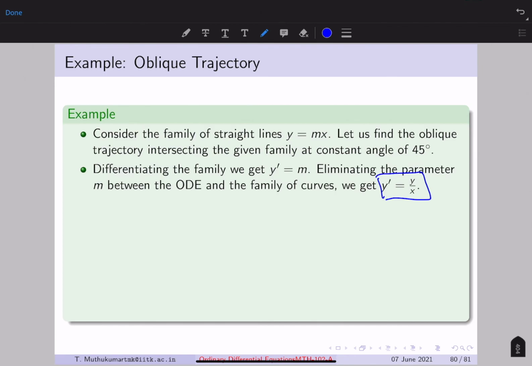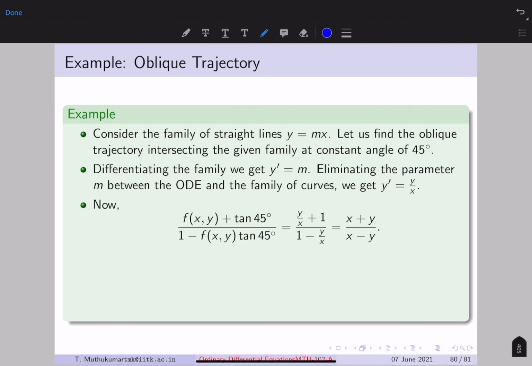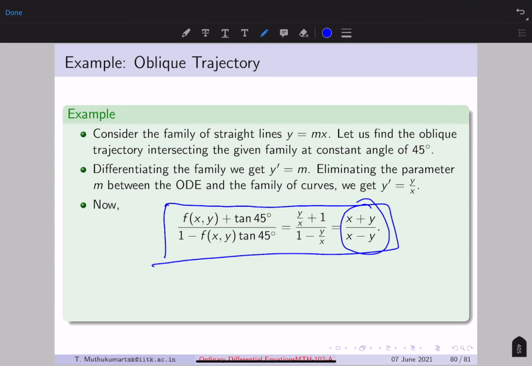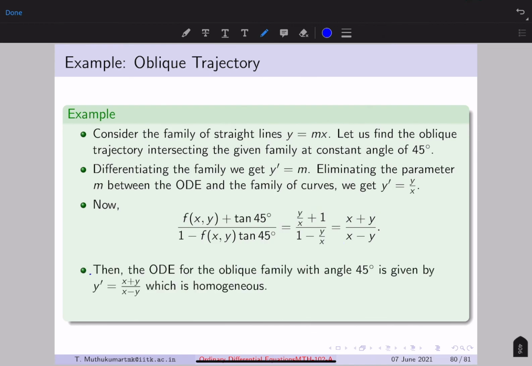Now what you should do, use this f(x,y), and your theta is 45 degrees. You already have derived the formula that you need. So with f(x,y) and tan 45, this gives you this. Okay, now use this as the right hand side in an ODE. So you solve this ODE.